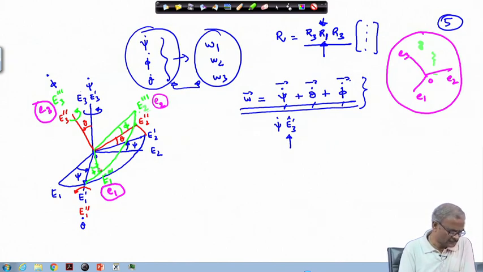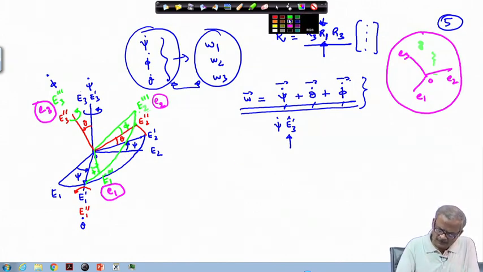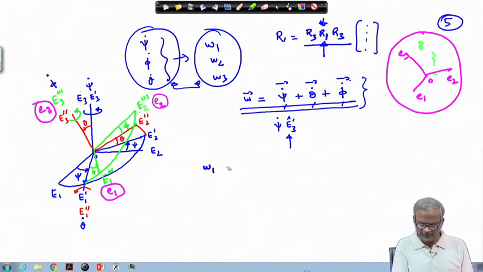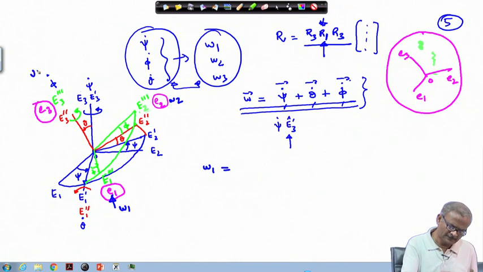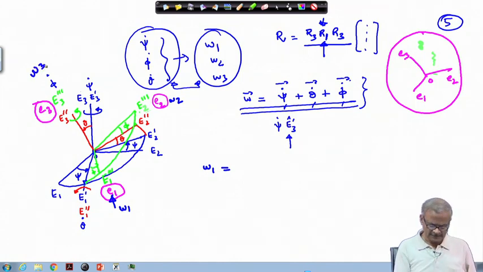So, now let us look from this place. Omega 1, you have to get the components along this direction, this is E1. So, omega 1 will be along this direction, omega 2 will be along this direction, as you can see this is the 2 direction here, and your omega 3 will be along this direction.